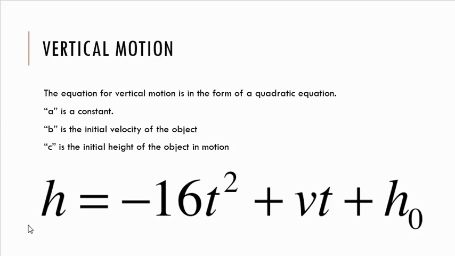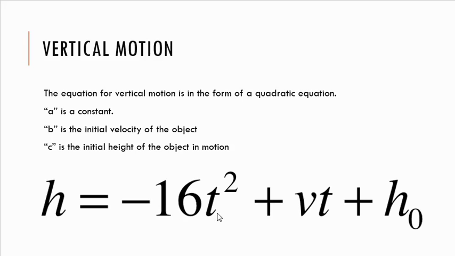Here below you see h equals negative 16 t squared plus vt plus h sub 0. Now that looks like a complete mess if it's the first time you've ever seen that, but it's a quadratic formula where t is in place of x, because usually when talking about vertical motion, we're talking about time.